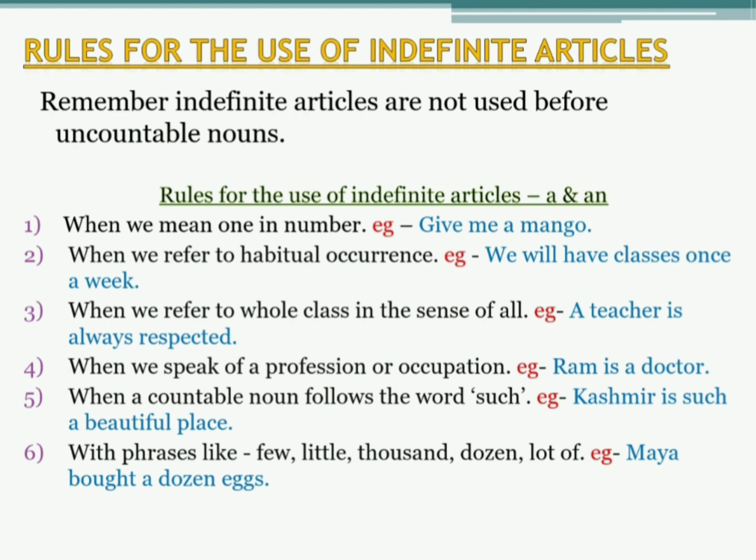Rule number 3, when we refer to a whole class in a sense of all of them, for example, a teacher is always respected. Now here we are talking about one teacher, or it can be any teacher or all of the teachers.